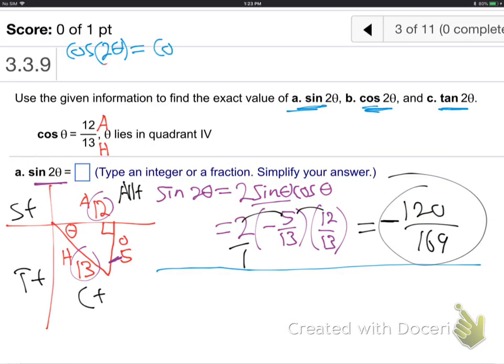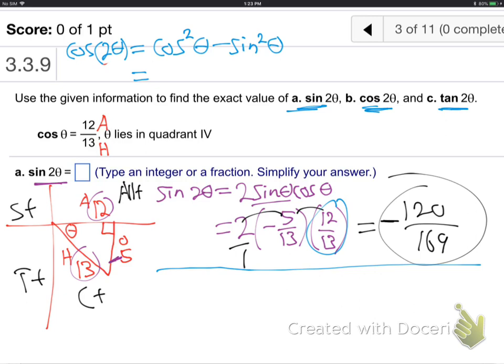So it's going to be cosine squared of regular minus sine squared of regular. Okay, so what's the cosine? Well, it's right here. It's 12/13. It's the same triangle, isn't it? I don't have to redo the triangle. Everybody with me on that? Right, I'm going to use the same triangle.